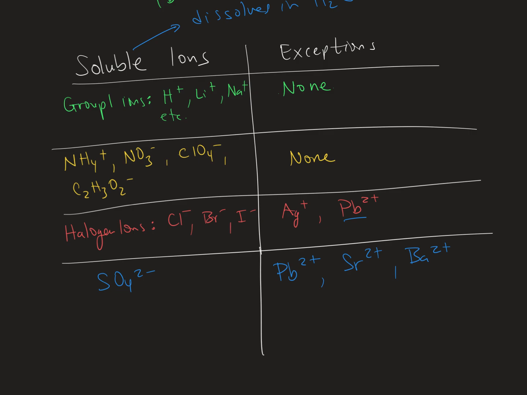Don't make it complicated. But yeah, the book mentions it: mercury 2+ is the other exception for here and for here. But we could just leave it like that. If it's not on here, then we can assume that it's insoluble. That means it doesn't dissolve in water.